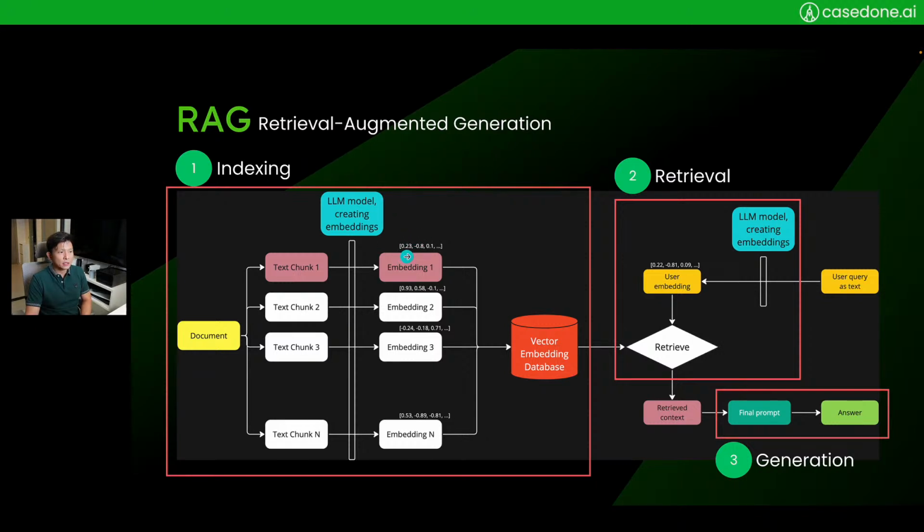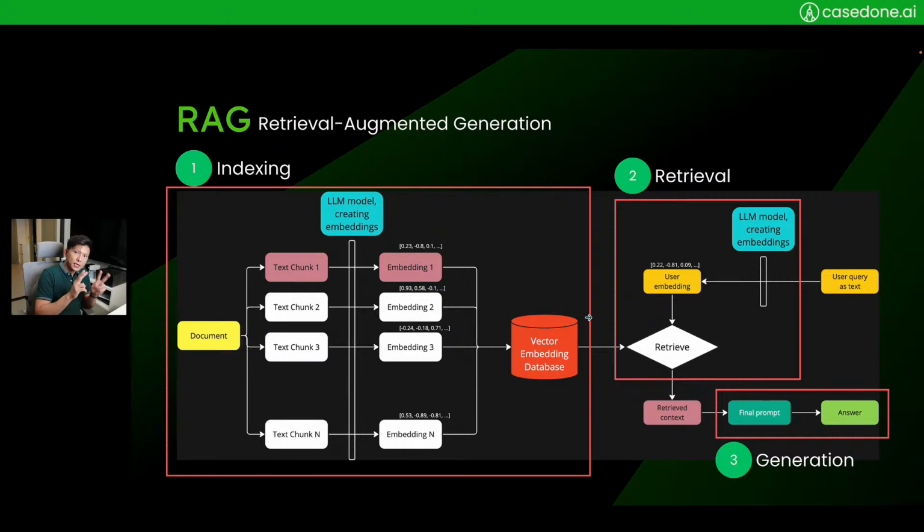Maybe it will have a result of 0.23, minus 0.8, 0.1, and so on. Other text chunks will need to be transformed into embeddings as well. And all these vectors, all these embeddings, will be kept inside what is typically called a vector embedding database. That's it. That's step 1, indexing your document, indexing your knowledge.